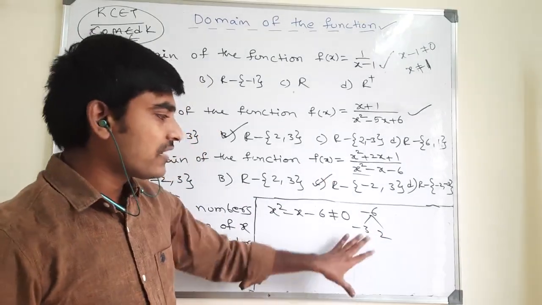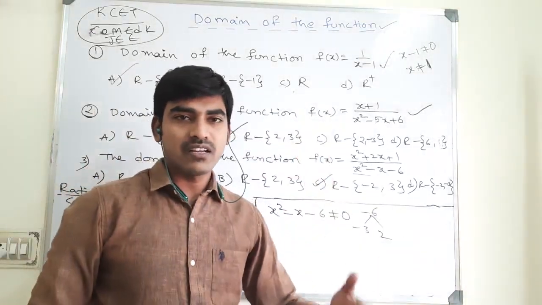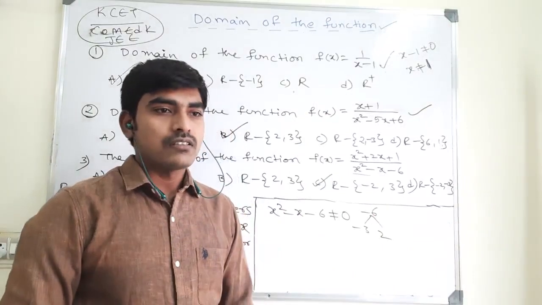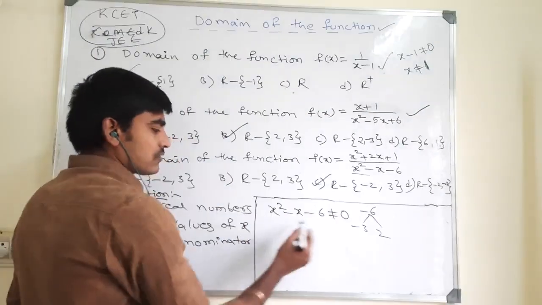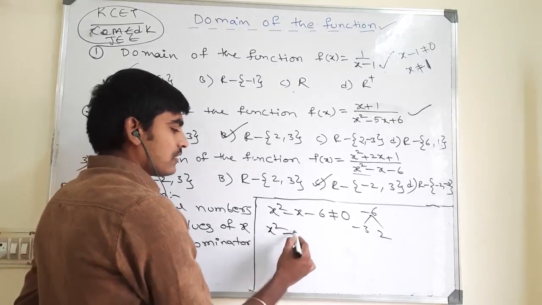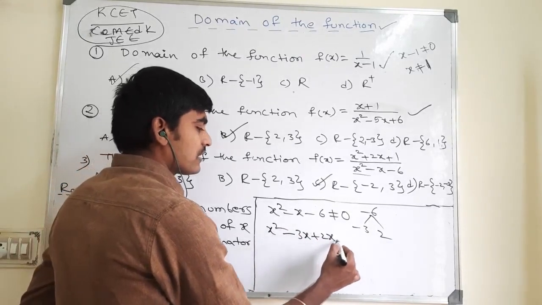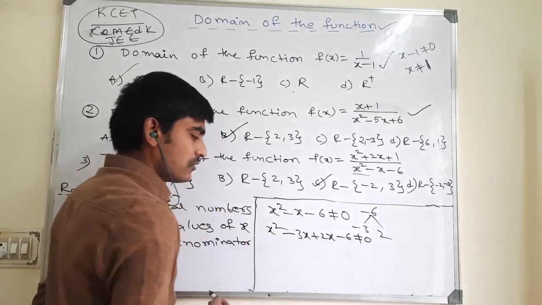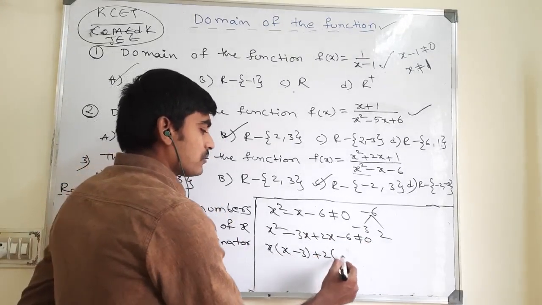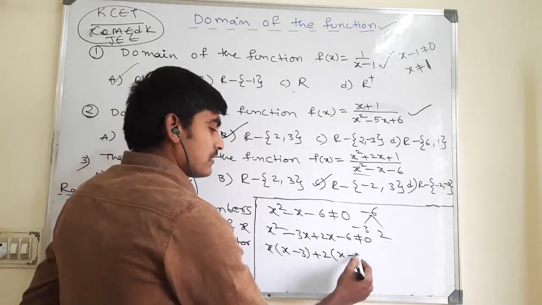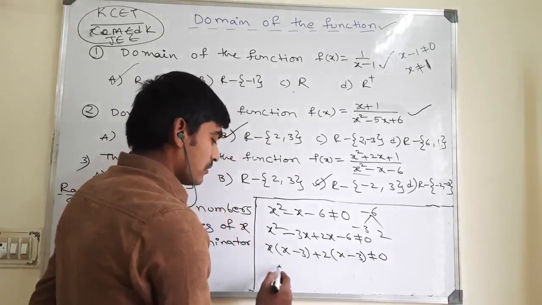How, sir? Directly. Some people can use their brain and there is no need to write the steps. Some people may be a little slow, so for their sake we will solve by the method. x square minus 3x plus 2x minus 6 is not equal to 0. Taking x common outside, x minus 3 plus 2 common outside, x minus 3 is not equal to 0.